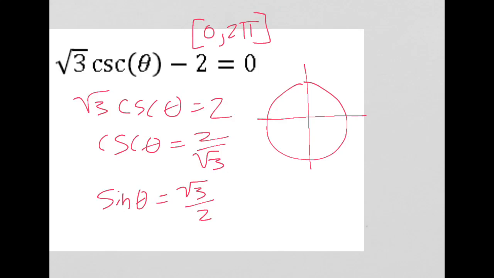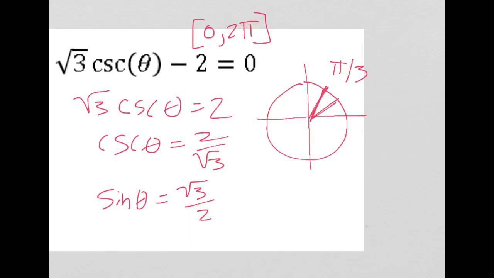So where is the value of sine root 3 over 2? Well, that happens right there at pi over, not 6, sorry, pi over 3. The y value there is root 3 over 2. I remember that sine of pi over 6 is 1/2, and the other one is root 3 over 2, so that flips me up to the pi over 3 up there. Again, you need to be familiar with the unit circle in order to do these problems.